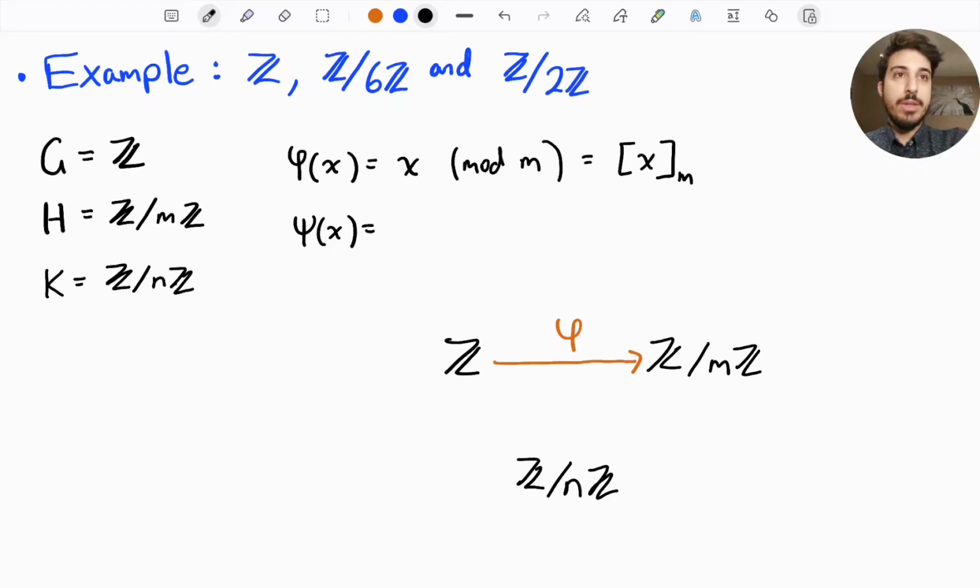Now we do the same with psi, giving us the integer x modulo n with a similar notation.